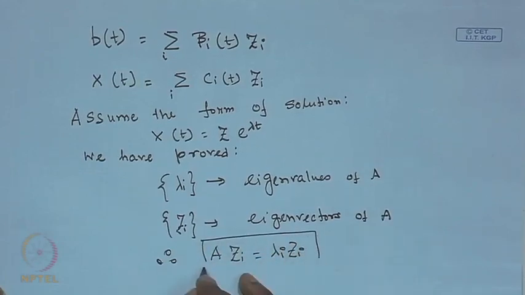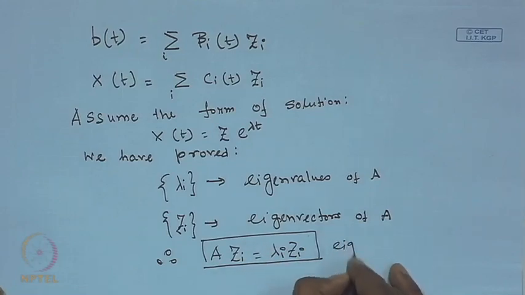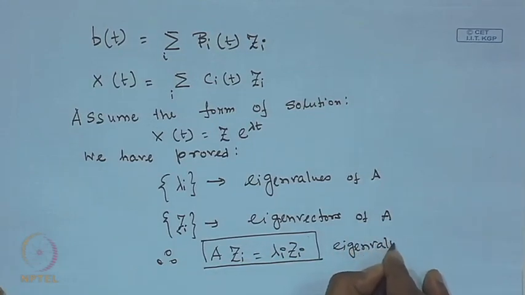So, lambda i is the ith eigenvalue and Z i is the corresponding eigenvector, and this eigenvalue problem is defined.